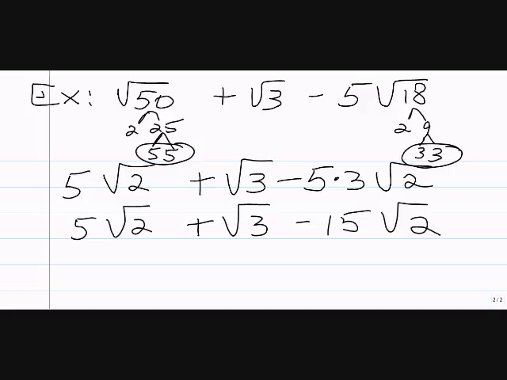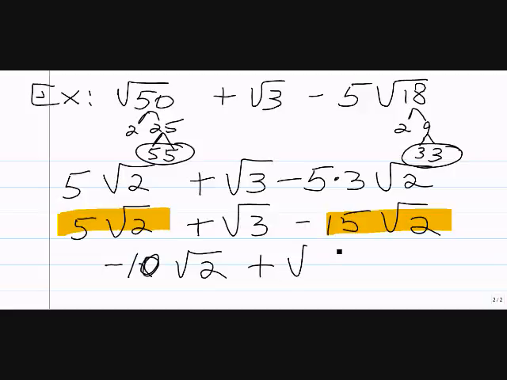I can only put together the square root of 2's. So 5 minus 15 is negative 10 times the square root of 2. Square root of 3 can't be combined with anything else, so I just add it on, plus the square root of 3. And that's my whole answer.